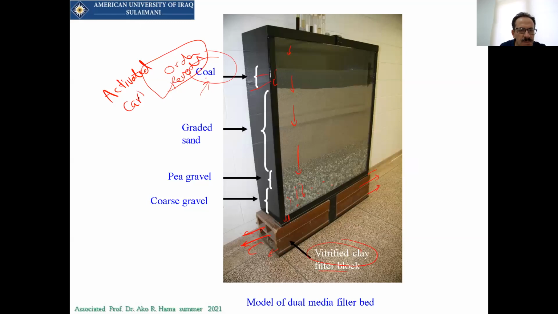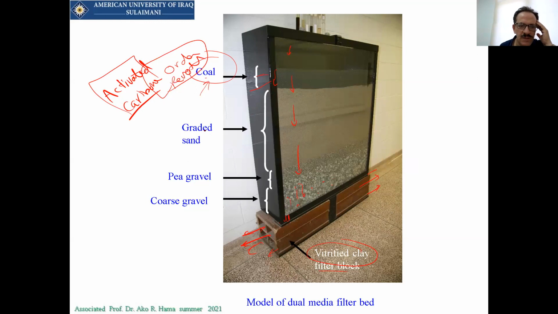Activated carbon is used just for removing odor, and you may have in your fridge at home some kind of charcoal or activated carbon.